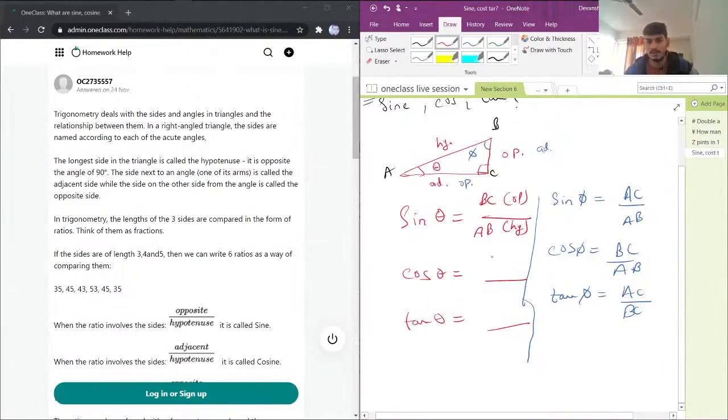Cosine of theta will be adjacent, so it will be AC over AB, adjacent over hypotenuse. And again for tangent we have BC over AC, opposite over adjacent.